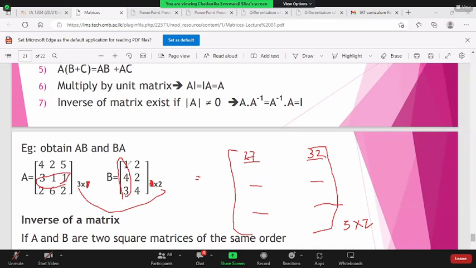Right. 3 times 1, it is 3. Then 1 times 4, it is 4. 1 times 3, it is 3. Right? So plus signs are there.